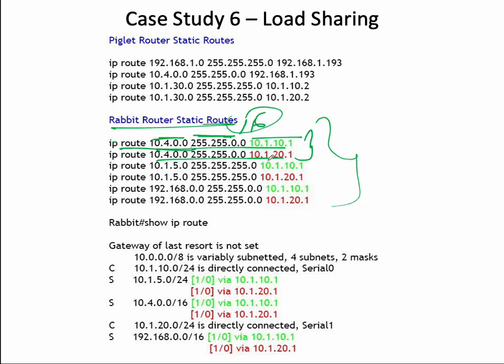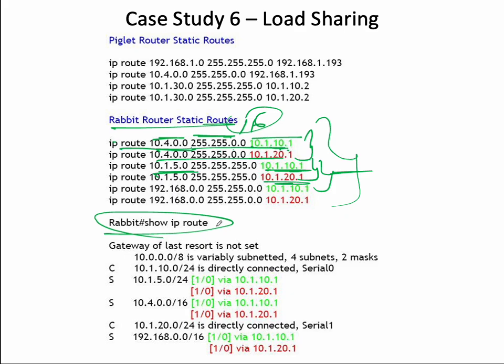So it's a simple command that you configure: 10.1.10.1 and 10.1.20.1. Simple, for 10.1.5.0, right? You configure, you provide basically two next hops. So that will automatically be configured as a next hop.